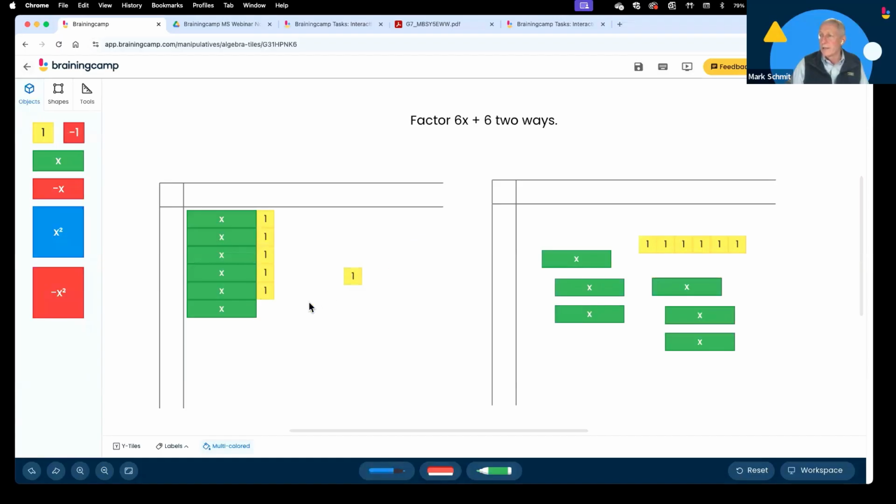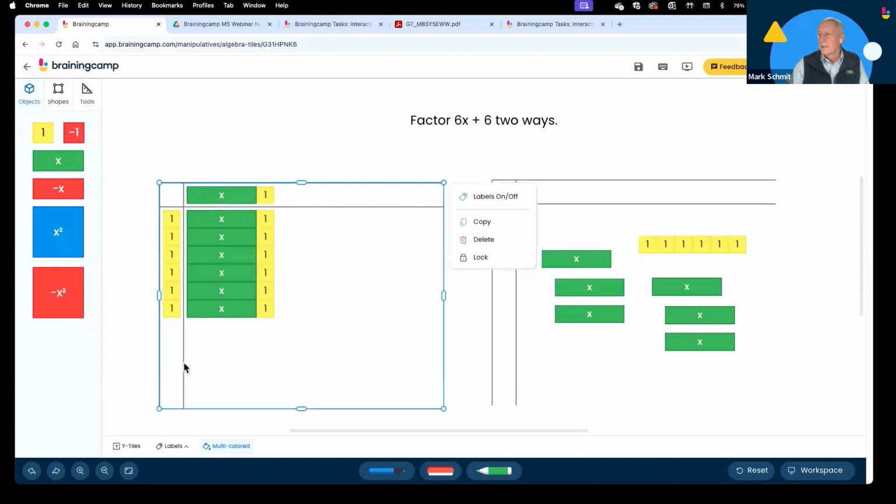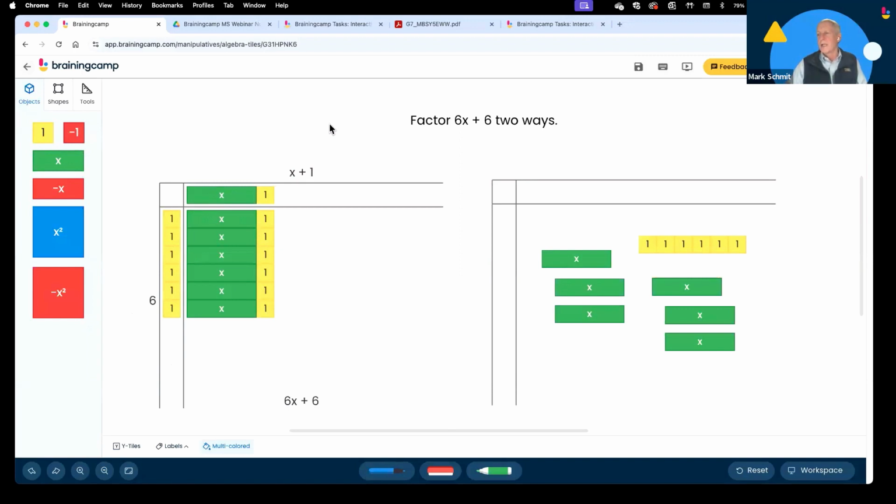If I couldn't make a rectangle, think about early on in multiplication, what kind of number would it be? In this case, it wouldn't be factorable over the real numbers, right? Now we can place our factors here. And now I'm going to click on the frame and turn my labels on. And now I can see one way that I factored it.